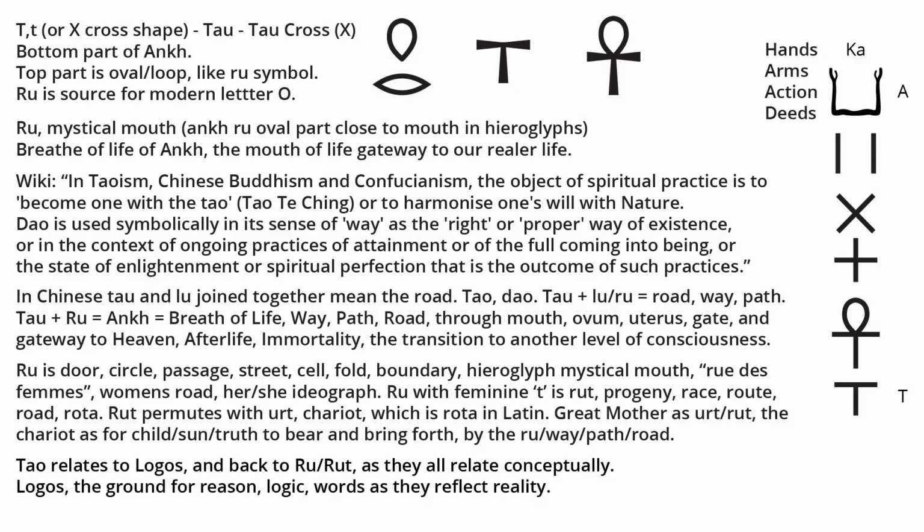Tauru, Taurus, the Tau and the Ru, the Tau cross and the Ru oval, or the Ankh, and the Tauru, the Taurus. The path to the underworld to resurrect, put to death the evil, the darkness, the negative, in order to resurrect ourselves. And the Khepri morning sun is rebirthed and resurrected into a new version, reaching towards higher consciousness as the midday sun within the horns and the Khan, Hathor, the house of Hathor, the house of Horus as Hathor. Anyways, lots of symbolism to make sense of.